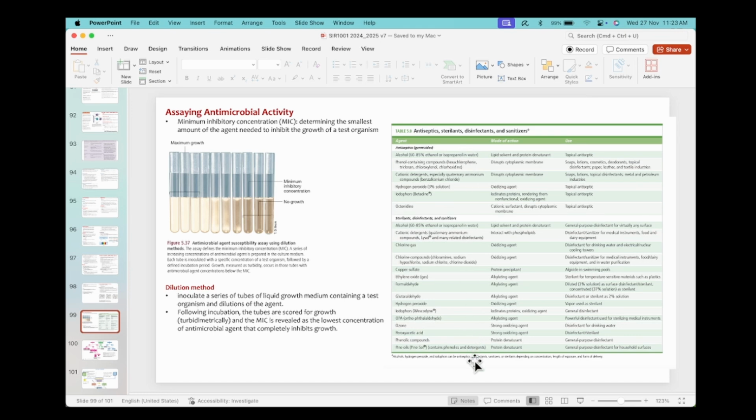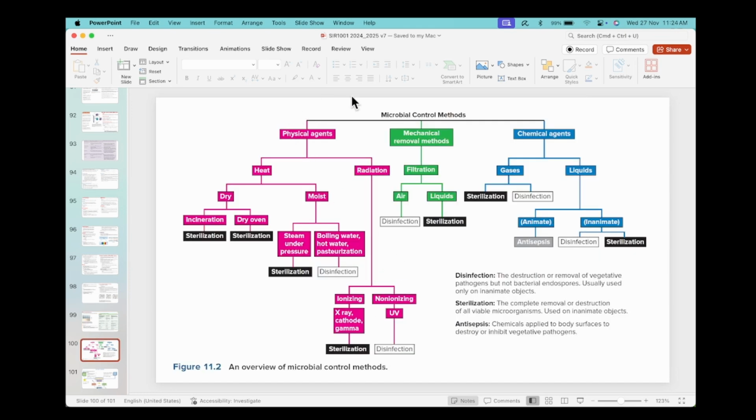hospital environments. So we have covered the different types of microbial control methods, where for physical agents we looked at heat, and for heat we looked at dry heat and moist heat. Other than heat, radiation was also classified under physical agents, and we have ionizing and non-ionizing rays.